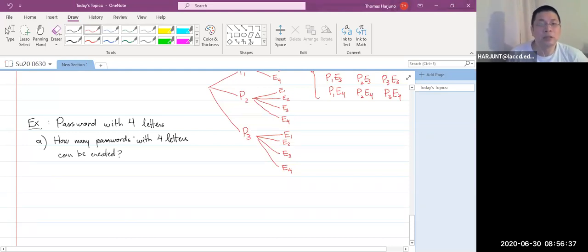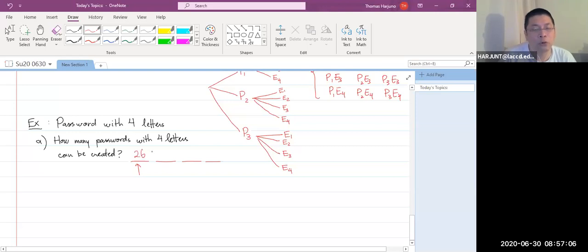The answer is as the following. You have 4 letters, 4 spaces, 4 groups to select from. Now the first place here, how many letters can you select from to be the first letter of your password? That's 26, that's right.